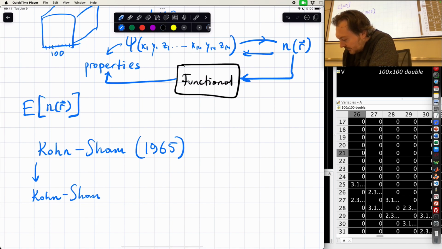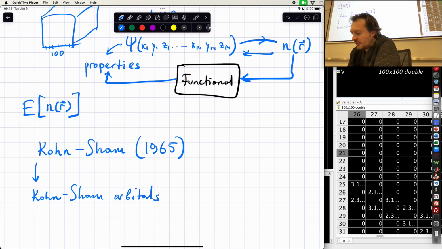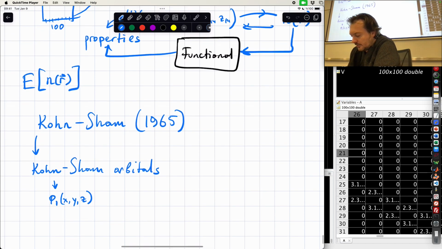And Kohn-Sham orbitals are like functions, phi 1(x, y, z), phi 2(x, y, z), etc.